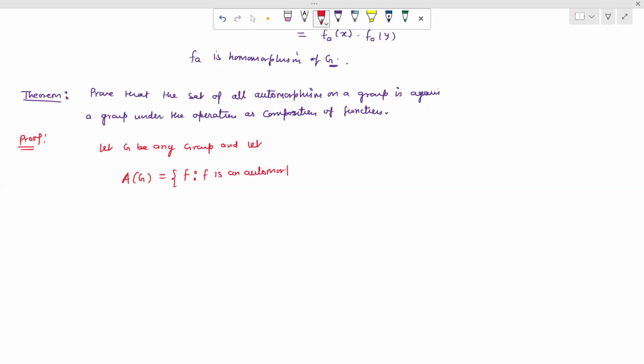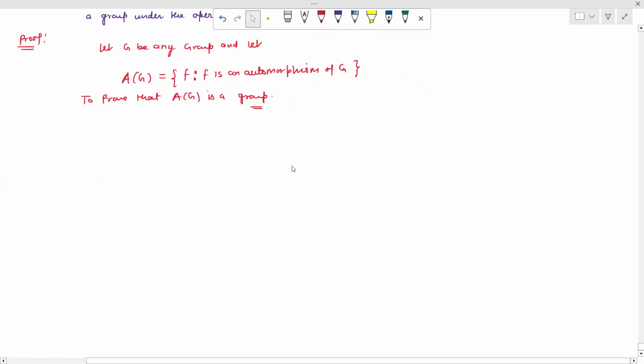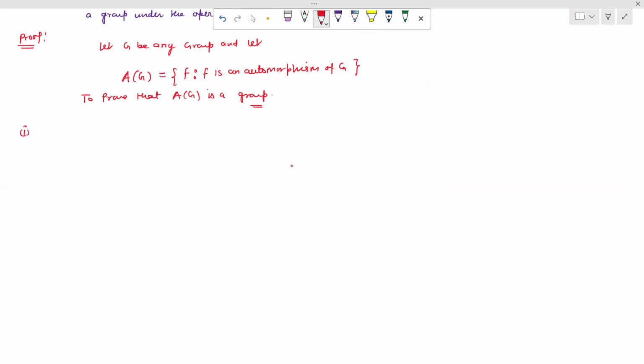That means f is one-one, onto, and a homomorphism of group G. So to prove that the automorphism of G is a group, we need to satisfy all the properties of a group. That means closure, associative, identity, and inverse. So now we start with the first property, that is the closure property.